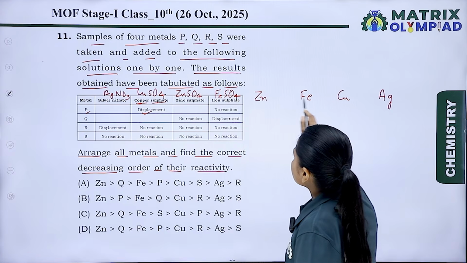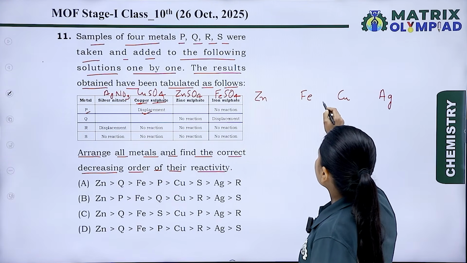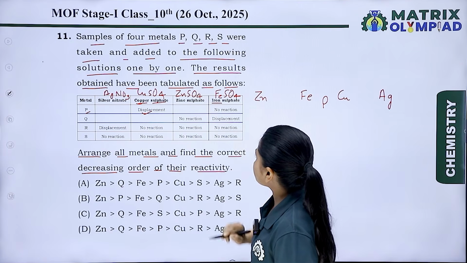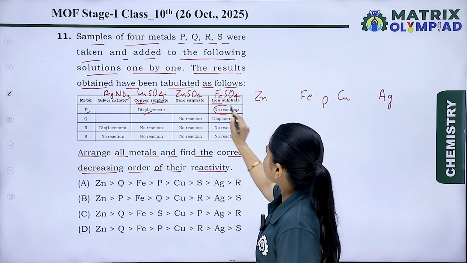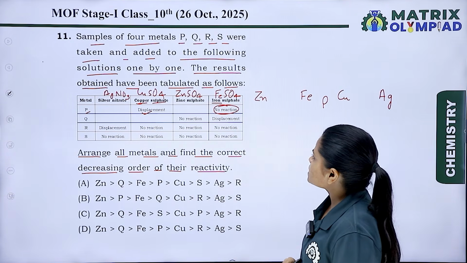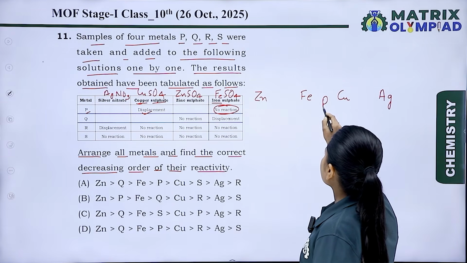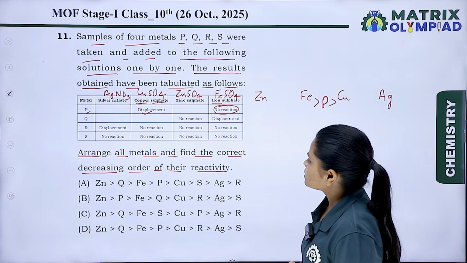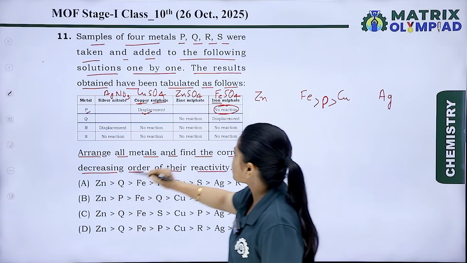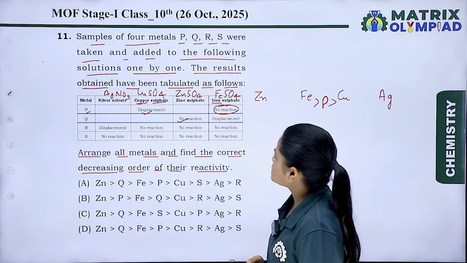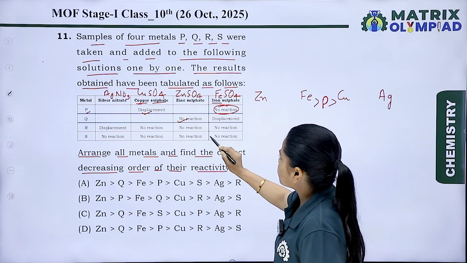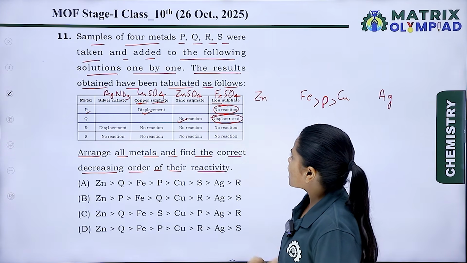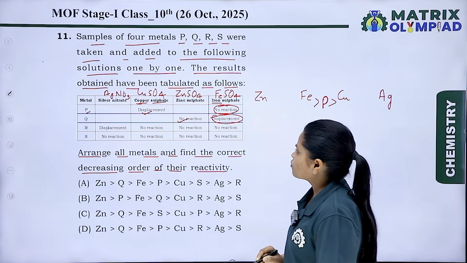So P is placed before copper, and P can't displace iron from iron sulfate, so P can be placed between iron and copper. Now Q can't displace zinc from ZnSO4, but can displace iron from FeSO4.